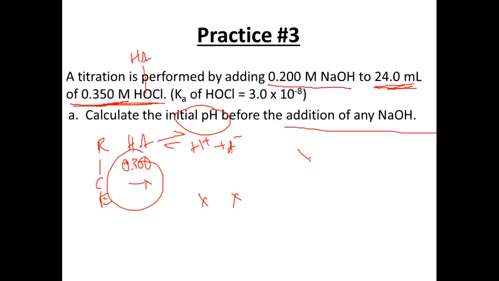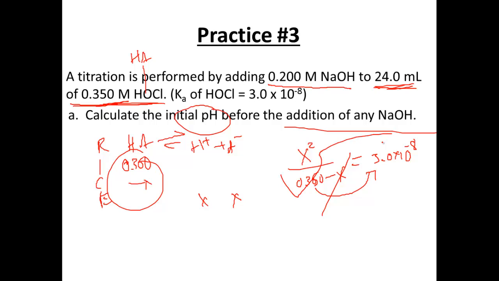So a weak acid problem is always X squared over the initial concentration minus negligible X equals the Ka value, in this case 3.0 times 10 to the minus 8th. By multiplying by 3.5 and then taking the square root of all that to solve for X, X ends up equaling 1.0 times 10 to the negative 4th, about that, molar.